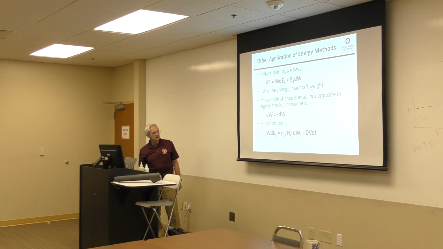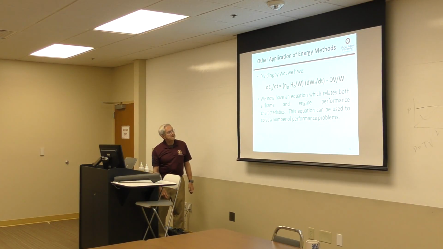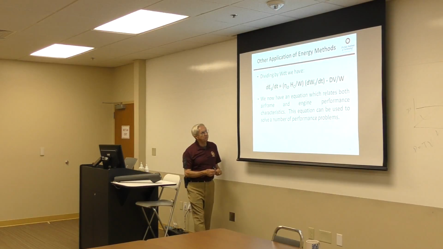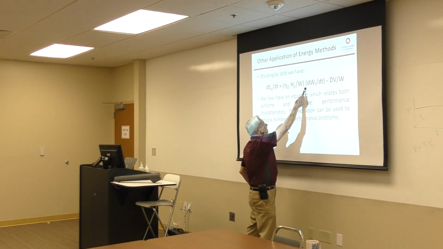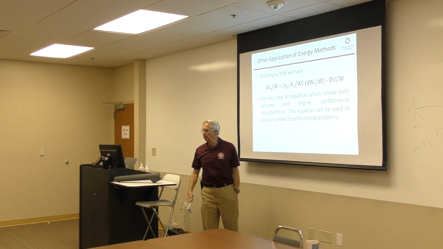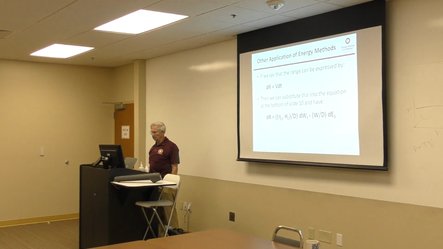If we substitute that into the equation, we have something like this. And of course, dE_s/dt we call P_s. So we have an equation which combines both engine performance, this part, with airplane performance. And we can use that to do a bunch of things like range.